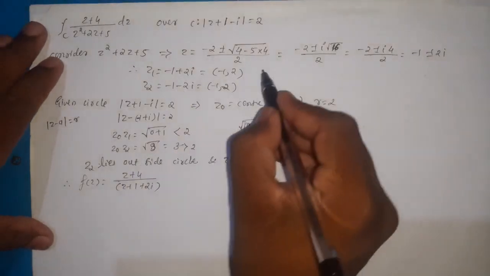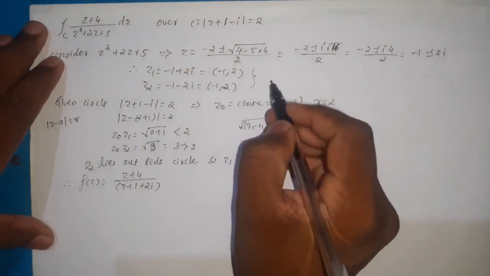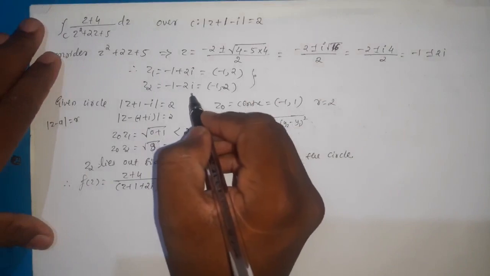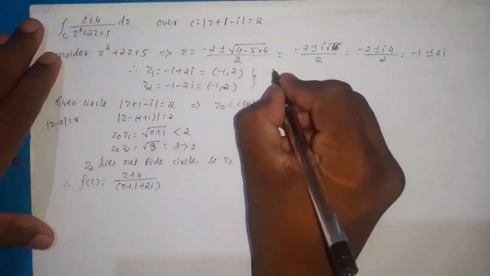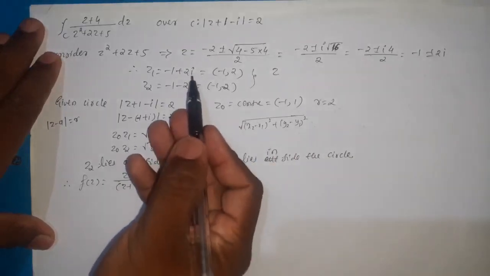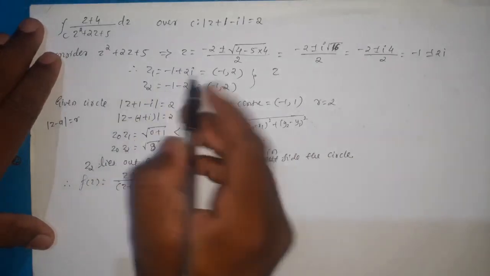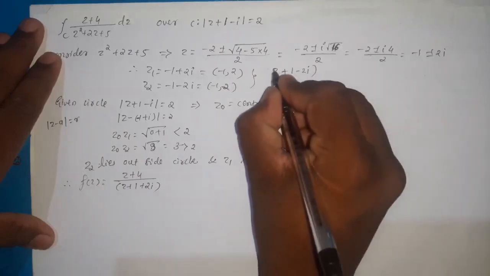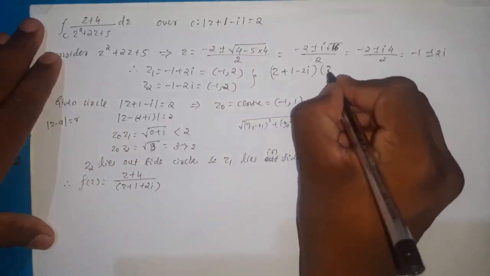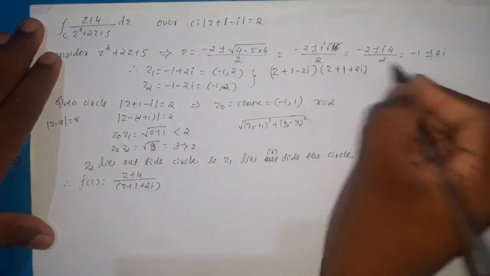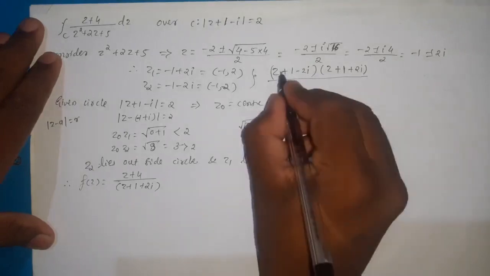So here, by using these two we can find the factors, right? These two are the roots, and a factor means z minus this value equals 0, that is, z plus 1 minus 2i is one factor, and z plus 1 plus 2i is the other factor.